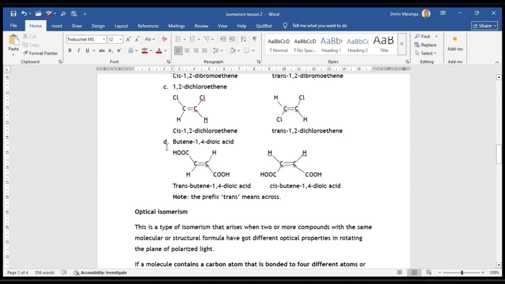Then butene-1,4-dioic acid. Here we're having two carboxylic groups. That's why you see dioic, and they lie on carbon 1 and 4. If you follow nomenclature 1, 2, 3, 4, on 1 and 4. Then because the carboxylic is more senior, that's why the name is ending like that. So butene-1,4-dioic acid.